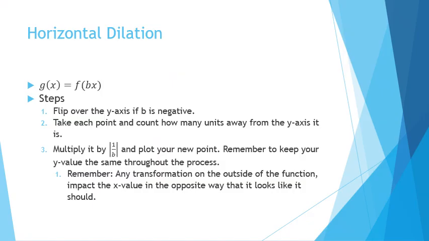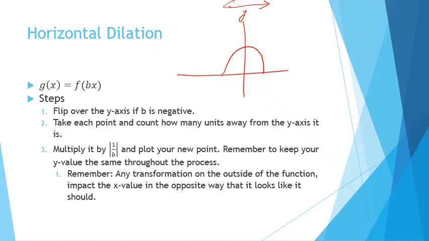All right. Now horizontal dilation, pretty similar, except this time if you have a graph here, let's say we have this function here, you're going to be horizontally dilating it, or stretching or compressing it, over the y-axis.